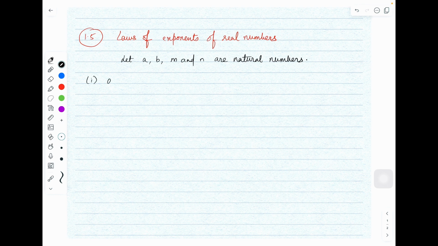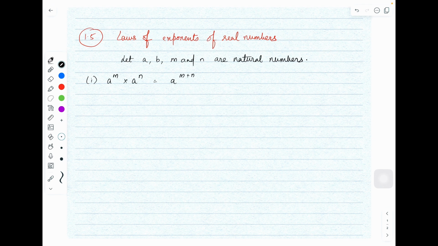The first law is a to the power m into a to the power n can be written as a to the power m plus n. That means if you multiply a number a to the power m into a number a to the power n, we can write it as a to the power m plus n.